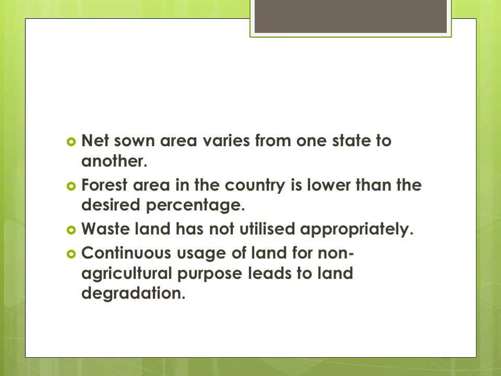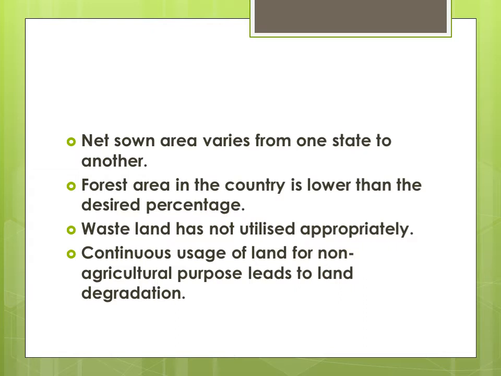Net sown area varies from one state to another. In an agricultural year, land that is cultivated 2-3 times gives the gross sown area. Alluvial or fertile soil is not equally present in all the states; it varies from state to state.